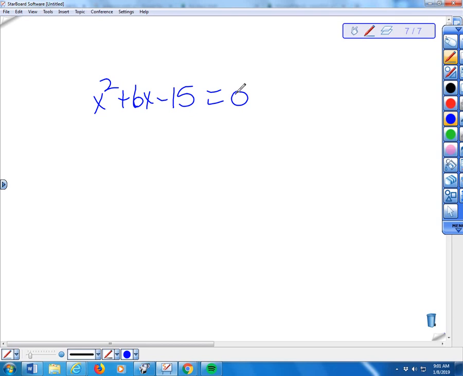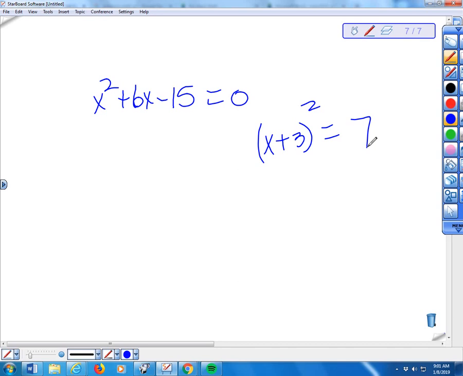And the purpose of completing the square, if you remember when we did the section on solving quadratics, if we have something like this, once it's in this form, to solve it is pretty easy. What do we do?